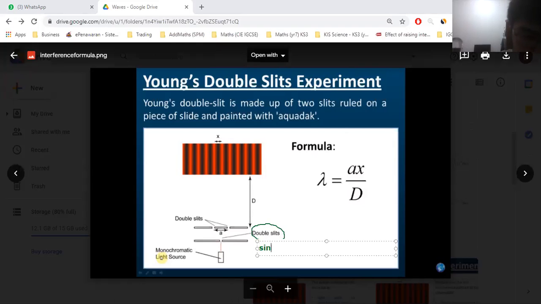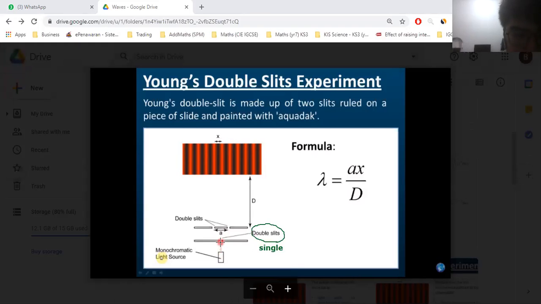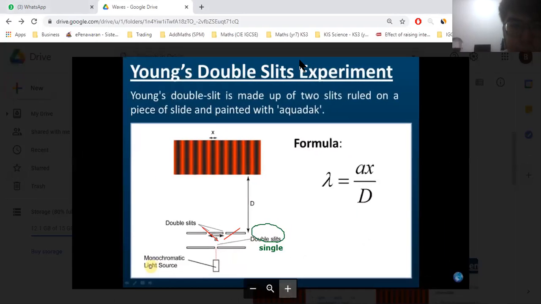This is actually single slit, not double slit. 一个 opening 吧，它只是一个 opening，所以它是 single slit. 所以这个 light 照去这个 opening, and then what happens? Diffraction will happen. So I draw it here. The light will spread like this. Let me zoom in. This is very hard to see. Okay, this is better.